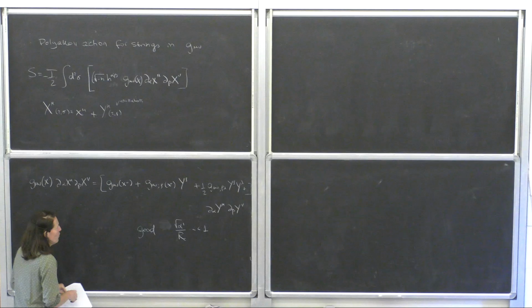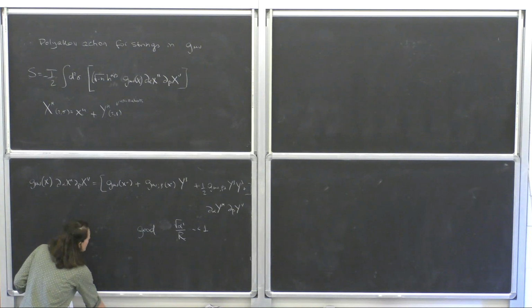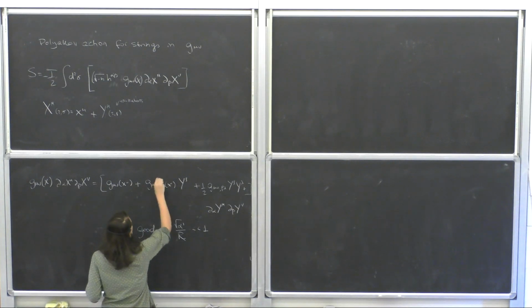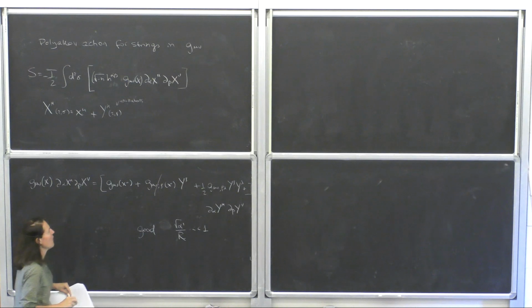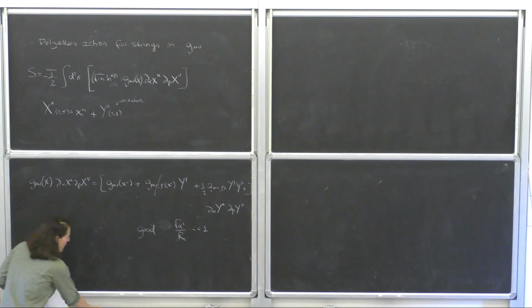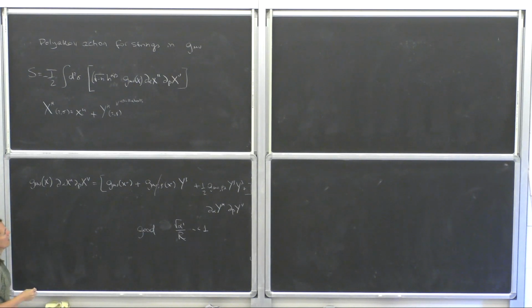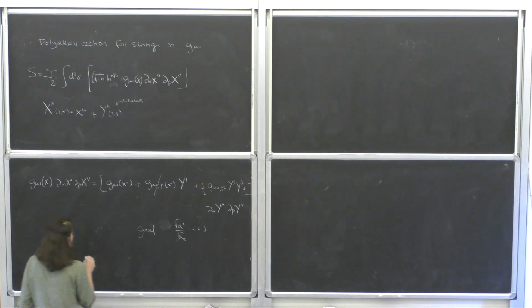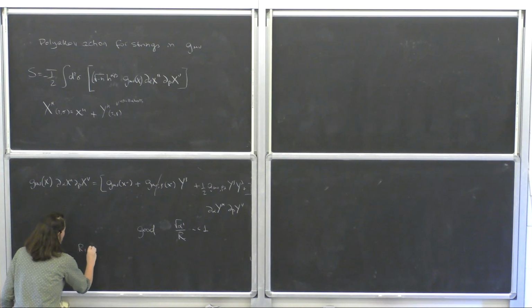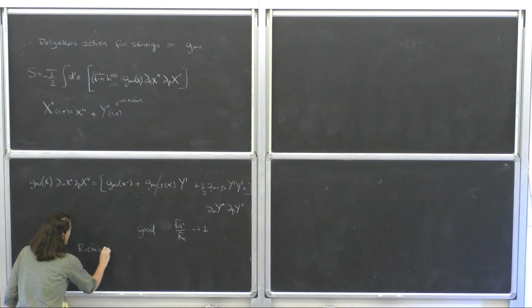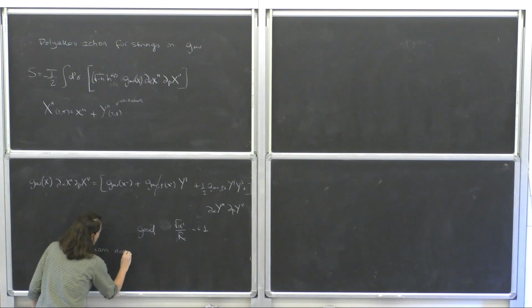And then you know that one can always choose coordinates such that this is 0. There are coordinates which are called Riemann normal coordinates. Usually you don't use them too much, but here they are very useful.